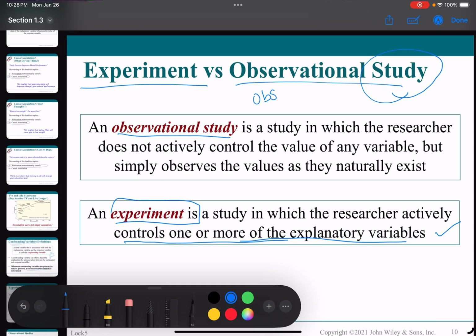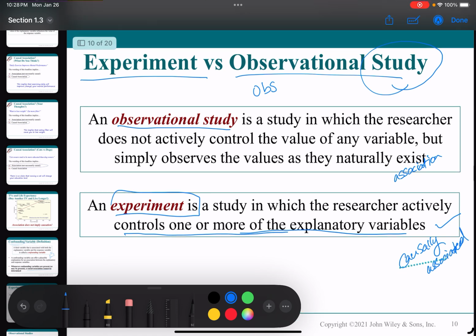The reason is, in observational studies we have associations only, almost all the time. And in experiments we have causation, or the variables are causally associated. That's the reason.